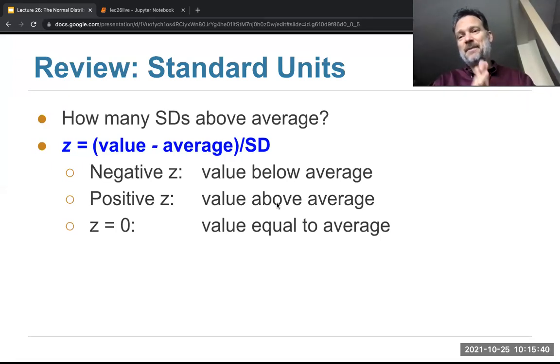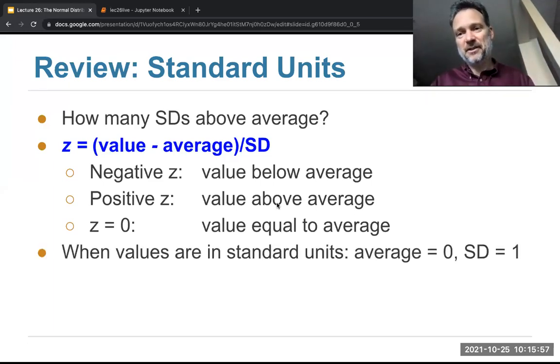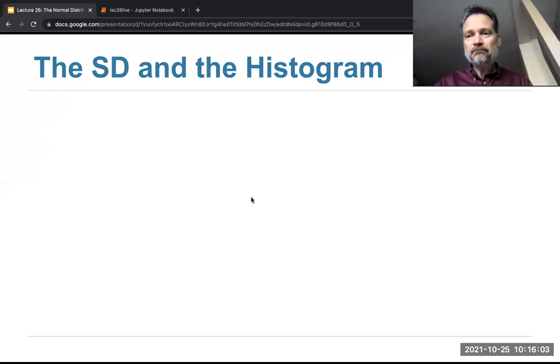Sometimes you might have an exam that the average is 70, but there's a lot of variability. The scores range between 40 to 100. That would have a large standard deviation. So you can't really compare a score of 60 on those two exams, but you could compare if you put them in standard units. So those are standard units.